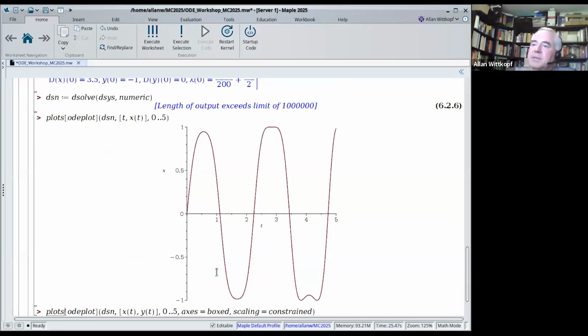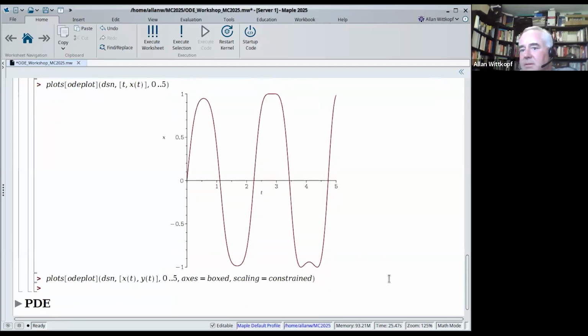So we see that when we put a lag in, we no longer get true periodic behavior. In fact, this lag has caused the behavior to change over time for the system in question.